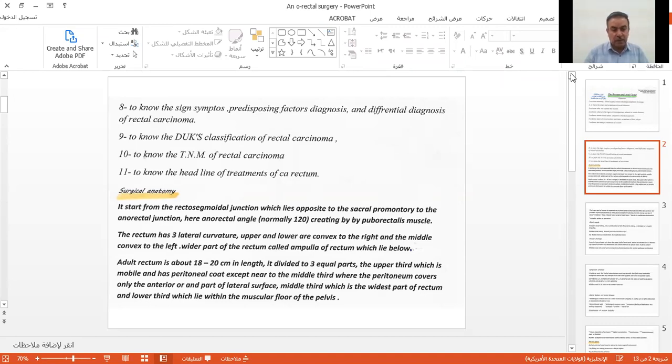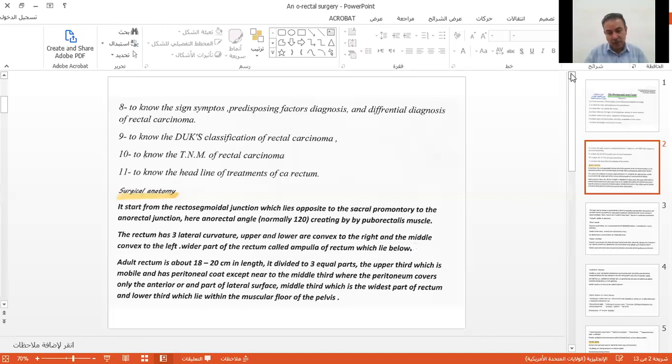The adult rectum is about 18 to 20 centimeters in length. It is divided into 3 equal parts. The upper third is mobile and has a peritoneal coat, except near the midline.